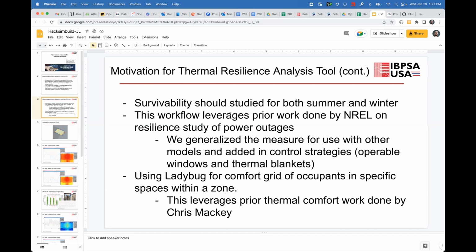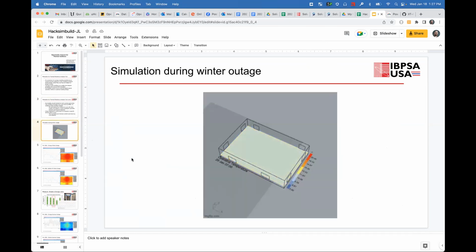And then even within the OpenStudio measure, the metrics we get out are for, right, a well-mixed air zone with a single temperature for that zone. Chris Mackey and others had done work in the past on Ladybug Tools to be able to do higher fidelity, spatial metrics. So you can know there might be different thermal comfort right near a window or in the center of the room or near a wall.